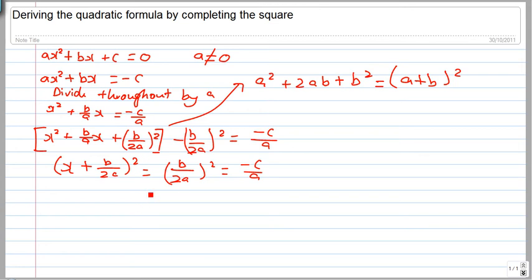So x plus b over 2a squared equals, I should have put a plus sign here. No, I should have put a negative sign here. So let me erase this. This is a negative sign.